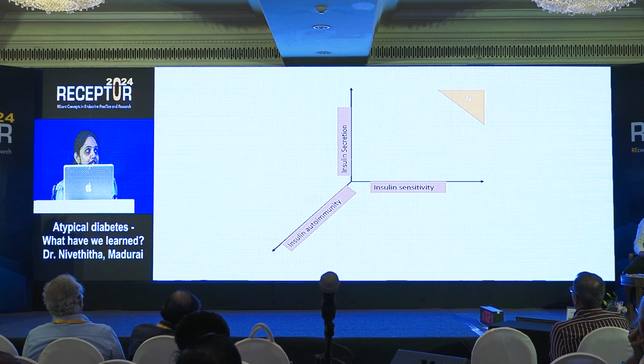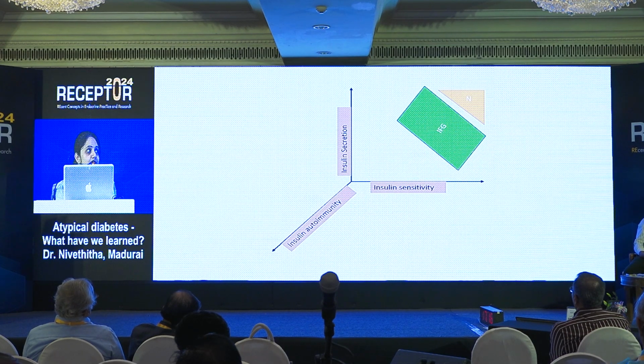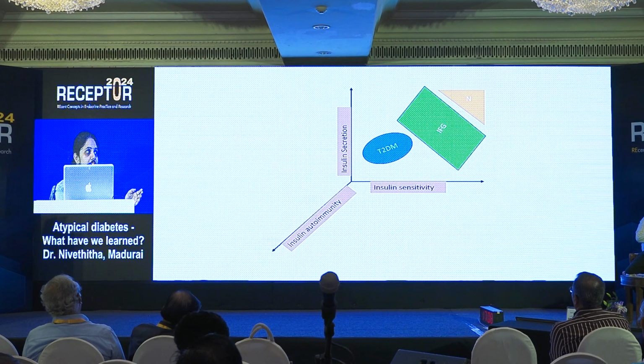As this classically deteriorates, we have impaired fasting glucose, where insulin secretion and sensitivity subsequently reduce, and then we have type 2 diabetes, where there is a reduction in both secretion and sensitivity. And we have the other one, type 1 diabetes.